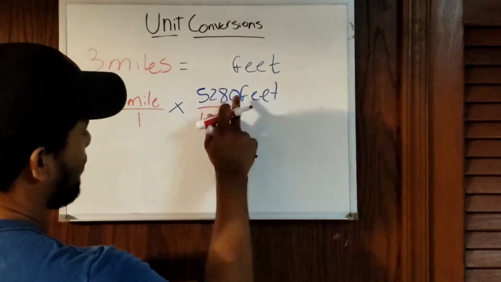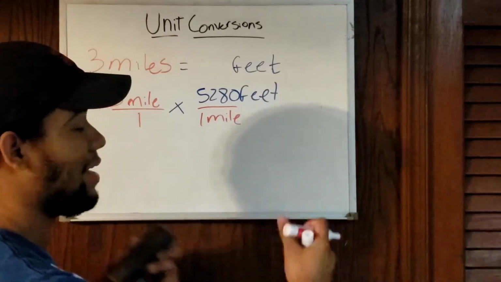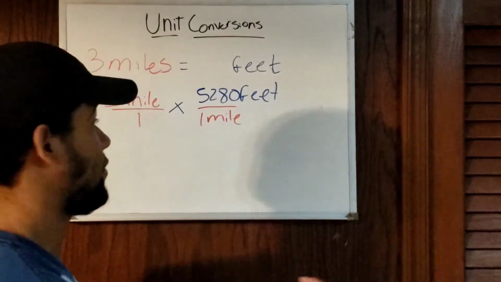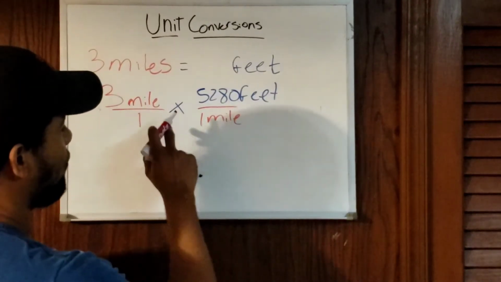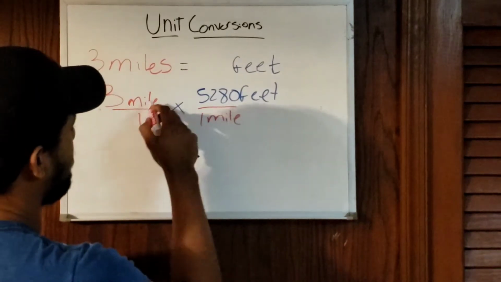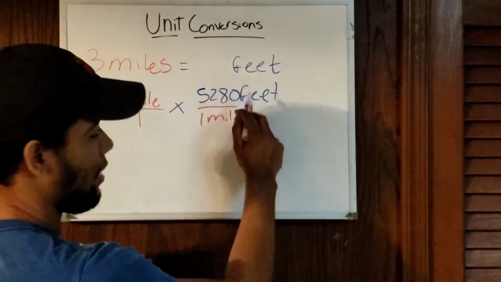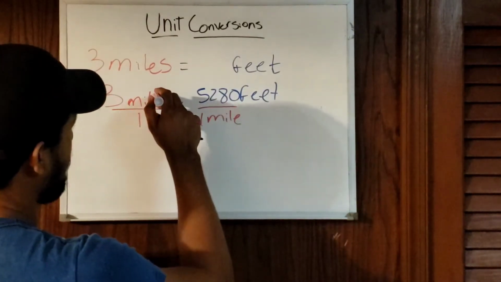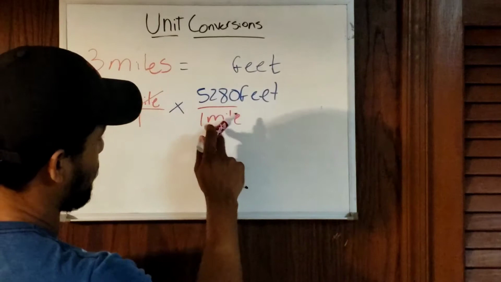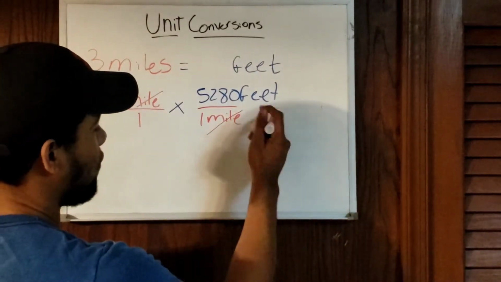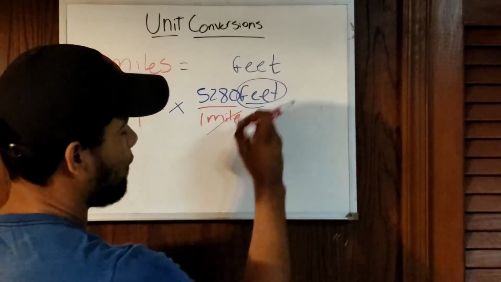This is your conversion factor. This is what connects, what chains, the miles into feet. So once you multiply, you'll be multiplying 3 times 5,280 feet. You will cross out your miles, because miles over miles will cancel out, leaving you only with feet.